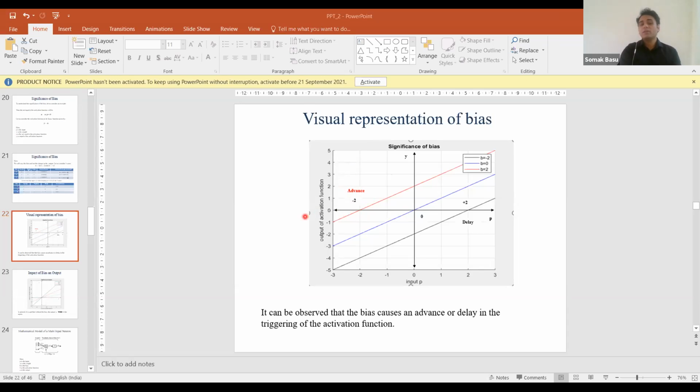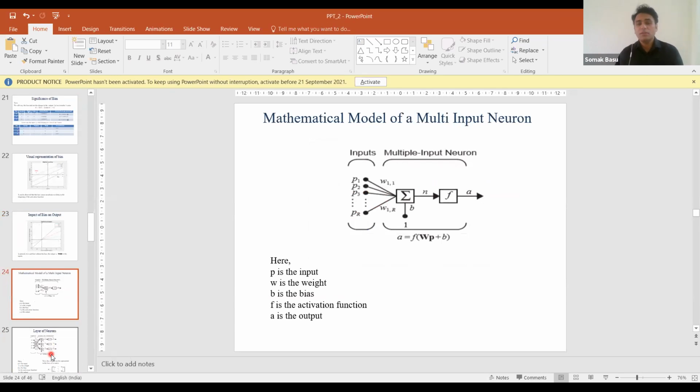What was happening here keeps shifting over here. What does that mean? It means you're taking the decision earlier. Similarly, you could have also taken the decision later had the graph gone below this. So this is the meaning of the activation function and the bias and the weight. So what does the bias do? It tells you when to take the decision, early or late or at the same moment. Okay, fine.